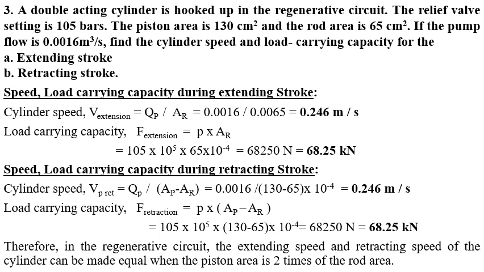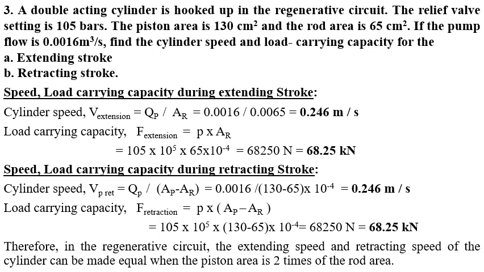Look at the answers. During extending stroke and retracting stroke, V extension is 0.246 meter per second and V retraction is also 0.246 meter per second. How is it possible? Look at the area. Here piston area is 130 centimeter square and rod area is 65 centimeter square.